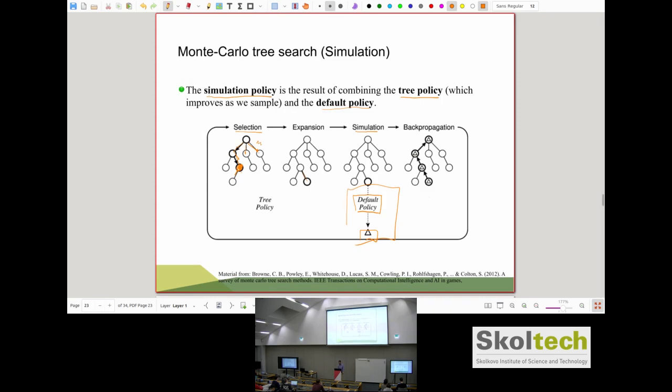This action is later being tested here, maybe in other parts of the tree. So all these are contributing to the statistics of this node here. That means this Q function that is taking x, let's call it x1, and u is being updated. With more samples, it's going to have more information.